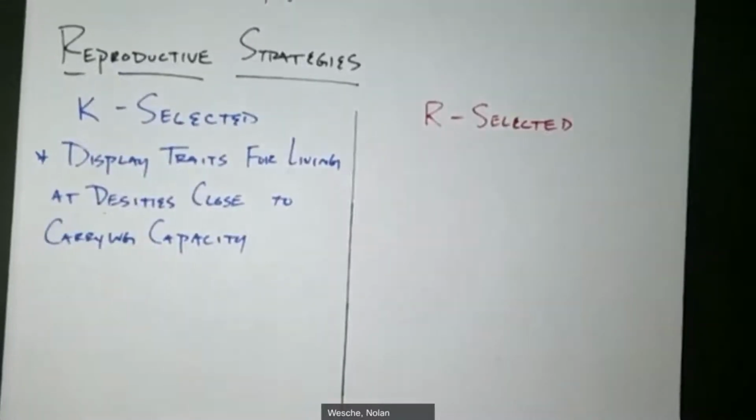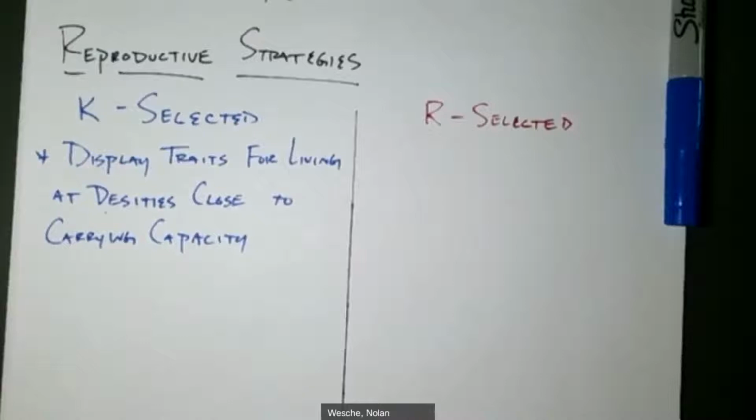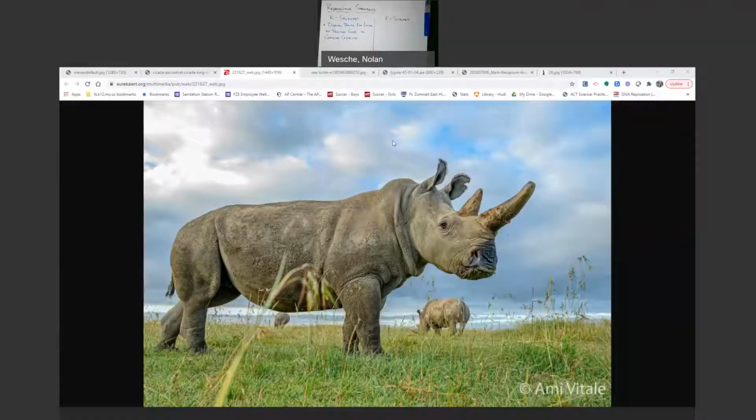So an example of this would be something like a rhino here, right?